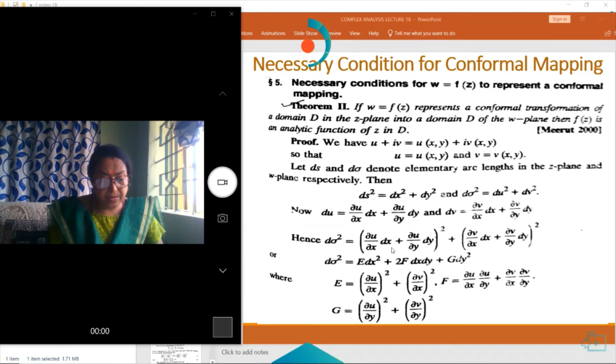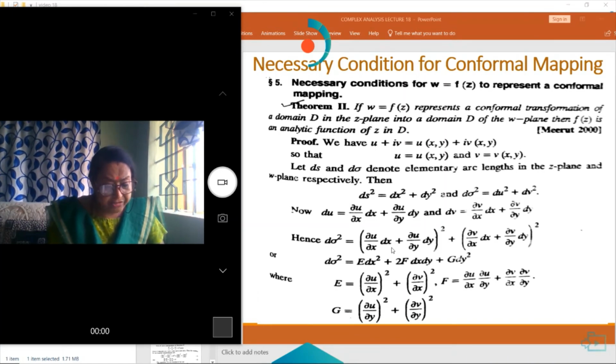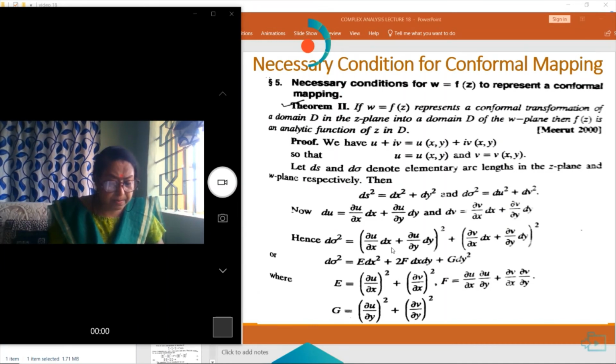If W = f(z) represents a conformal transformation from a domain D to another domain D' of the W plane, then f(z) is an analytic function of z in D. So W = u + iv can be written as u(x,y) + i v(x,y), so that u = u(x,y) and v = v(x,y).